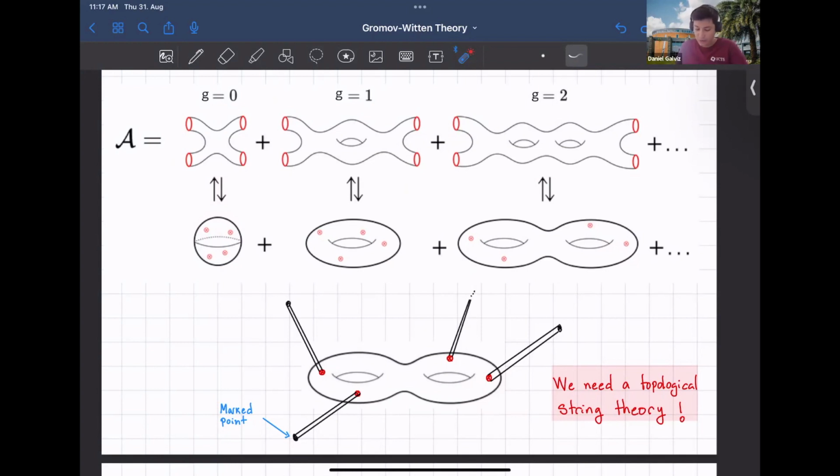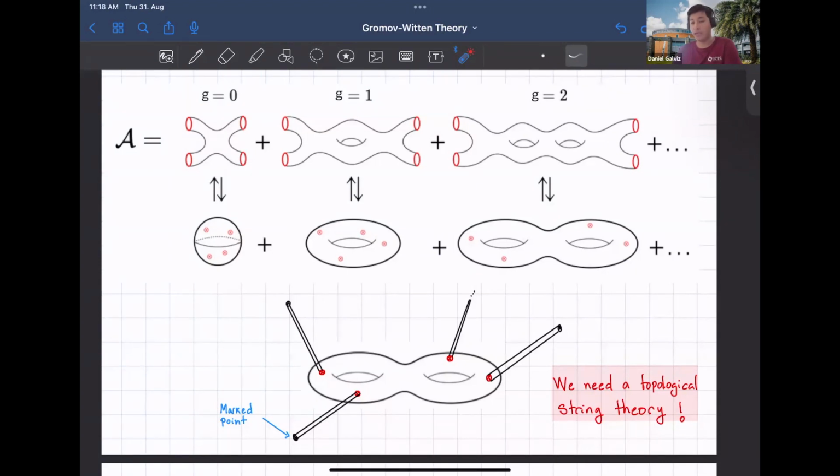So we need a topological string theory, right, to have a finite moduli space, which means finite Riemann surfaces up to automorphisms. And we want to introduce these singular points because they also put constraints on how many Riemann surfaces we can count.